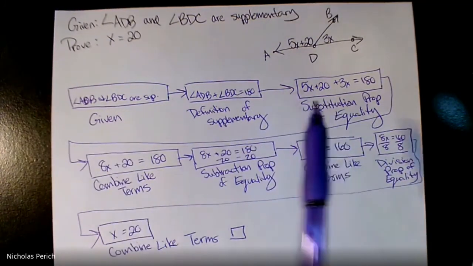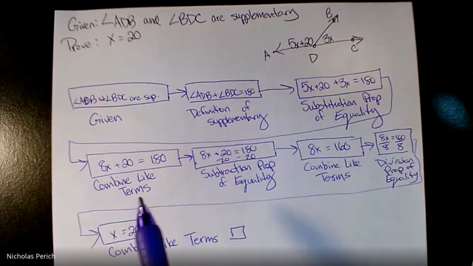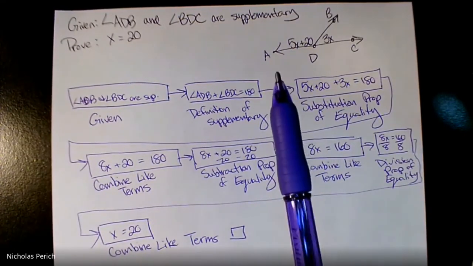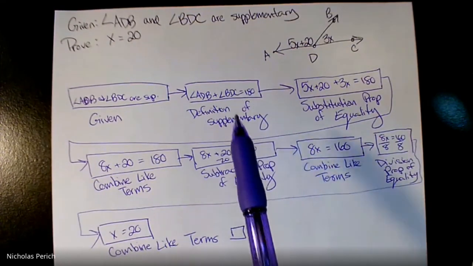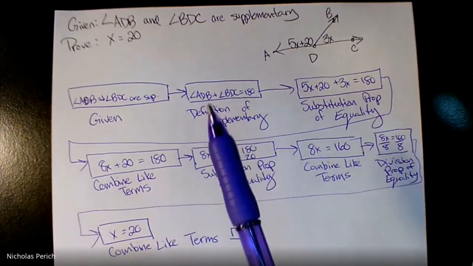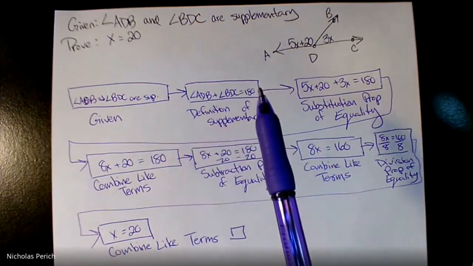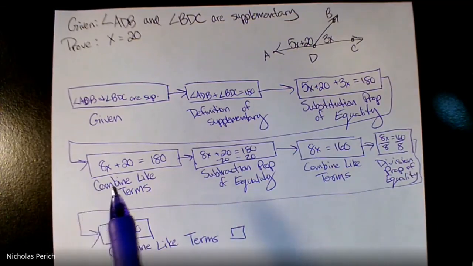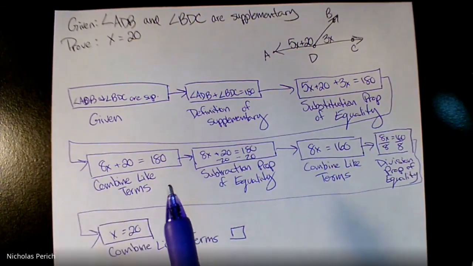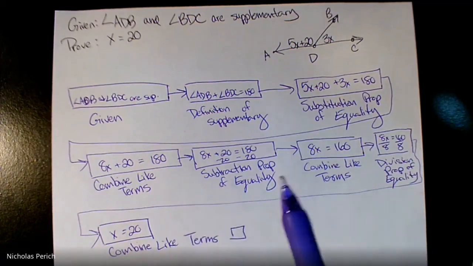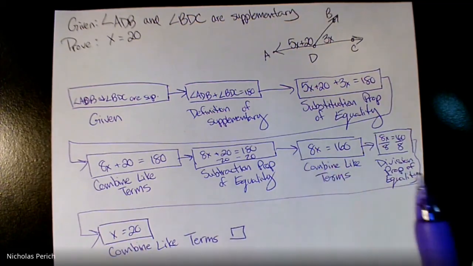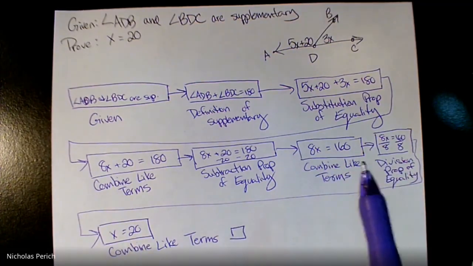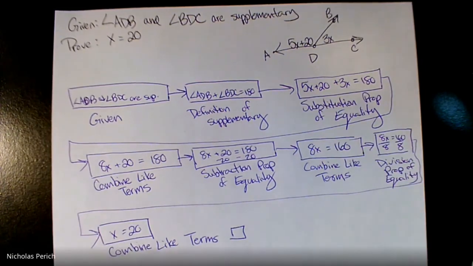I'm just putting them in boxes and explaining my work using phrases like definition of supplementary, combine like terms, and subtraction property of equality. I substituted, combined like terms, and subtracted from both sides. Subtraction property of equality. Then I combine like terms again, and divide from both sides. The division property of equality. And then I end up with x equals 20, and I'm done.